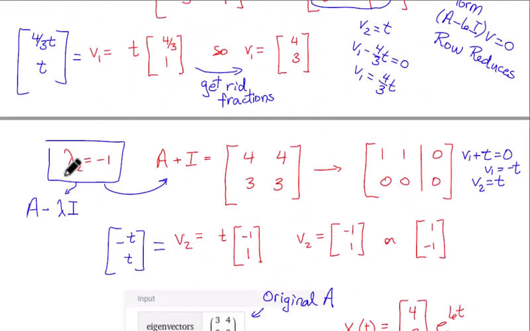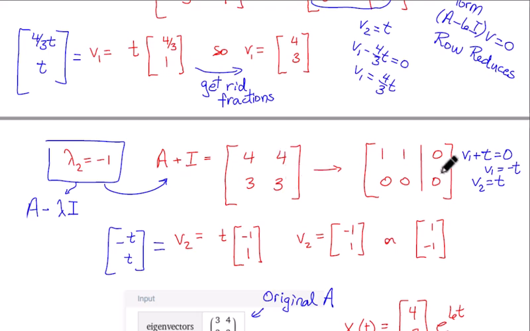All right, we now plug in our other eigenvalue of -1. So plug that in. It makes it a plus I, so it looks like that. All right, and so let's see. We get to there. We're going to want to set this equal to 0.